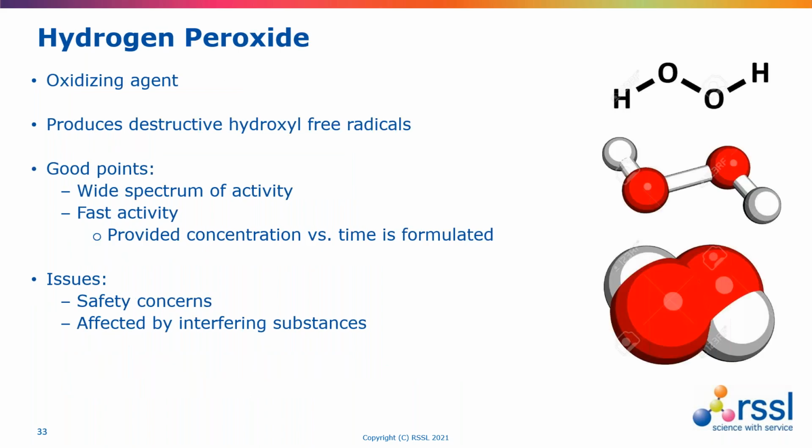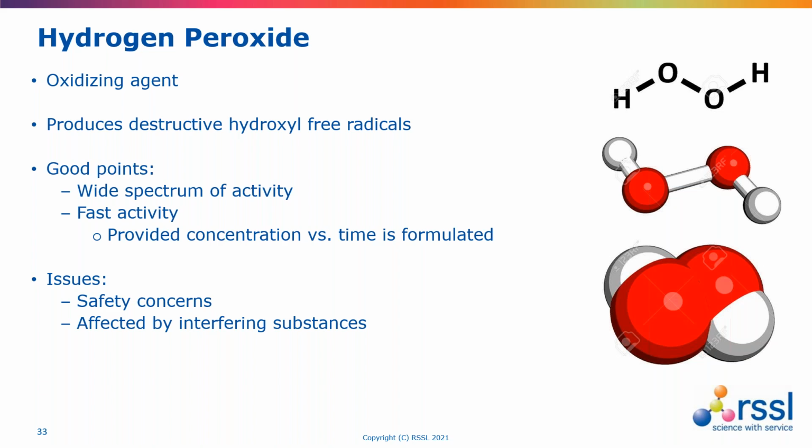Then there's hydrogen peroxide, which is again an oxidizing agent, and it produces these destructive hydroxyl free radicals that can attack the membrane lipids, DNA, and cellular components. And it has a wide spectrum of activity.